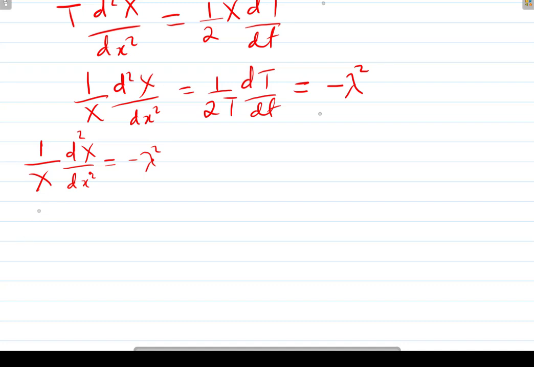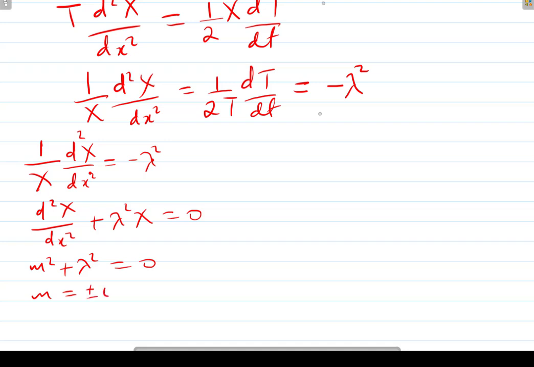And then once we write this properly, d squared x dx squared plus lambda squared x equals 0. Okay, that is for x. And then the auxiliary equation: m squared plus lambda squared equals 0. So m is equal to plus or minus i lambda.